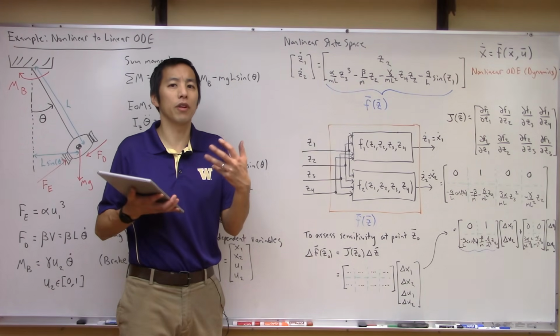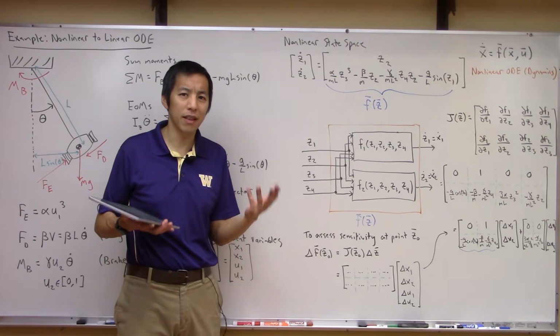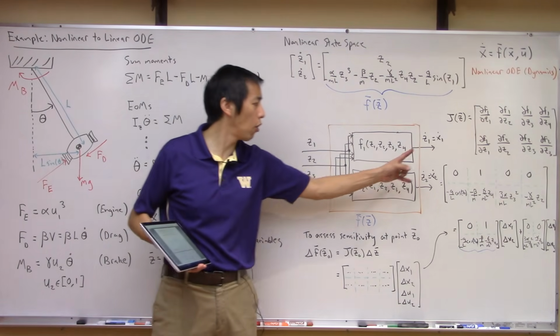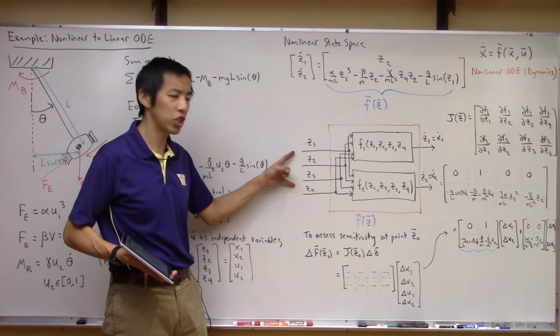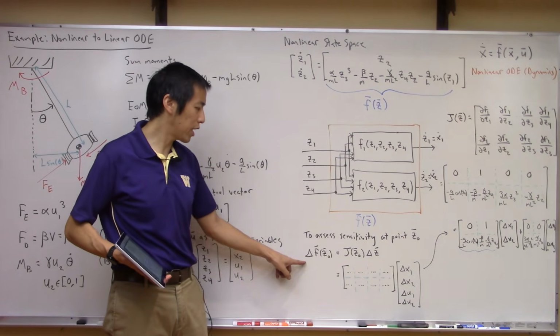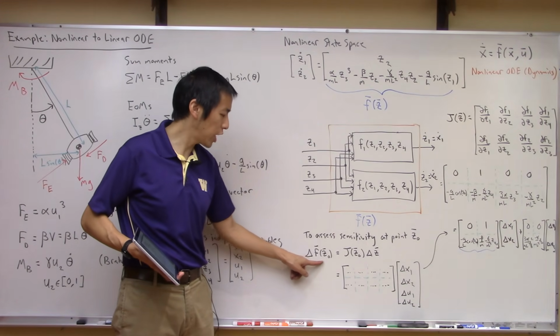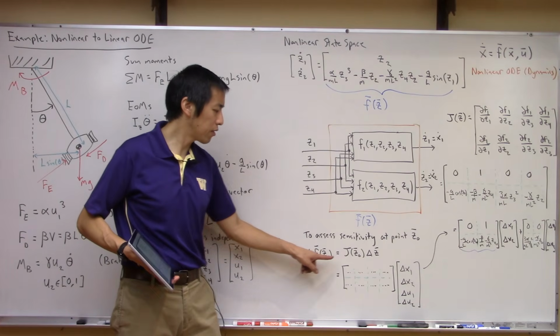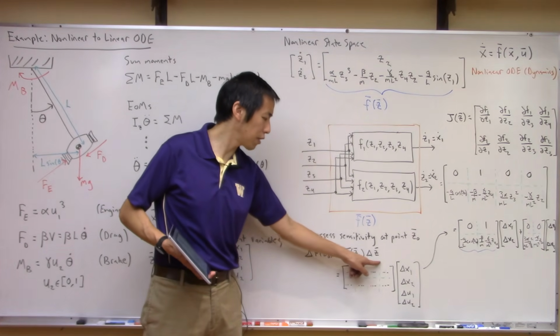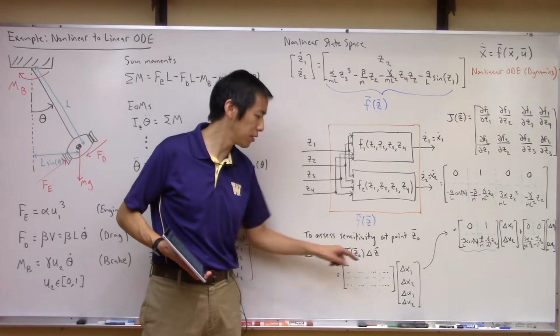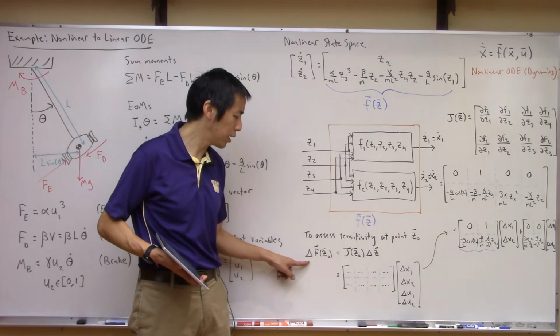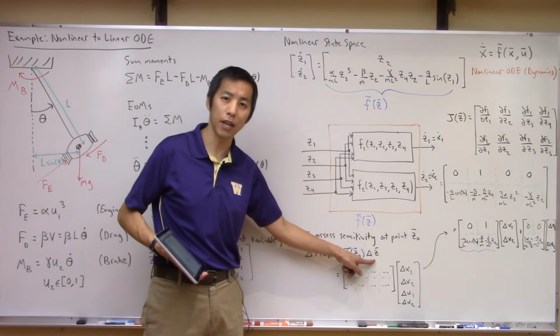And again, we saw earlier that the Jacobian is basically assessing the sensitivity of all of these outputs to perturbations in these inputs, okay? So what I can write here is that the change in the output is the Jacobian matrix times some perturbation in the inputs, a delta z. So delta output is the Jacobian times delta input.